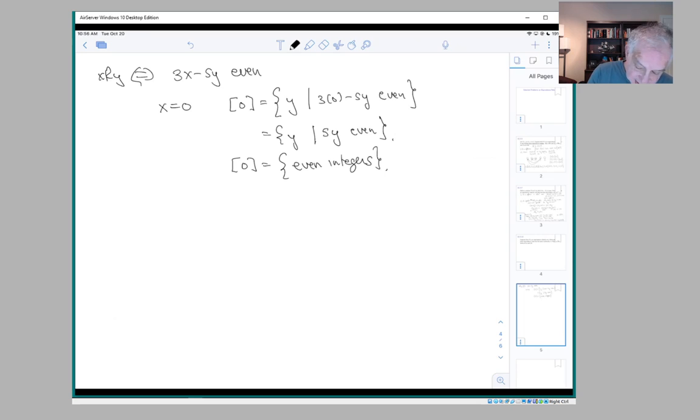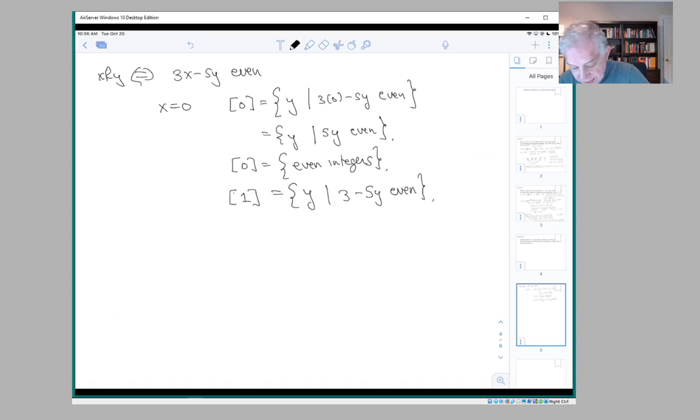What about the equivalence class of 1? Well, the equivalence class of 1 is the collection of y such that 3 minus 5y is even. Now, if y were even, then 5y would be even and 3 minus 5y would be odd.